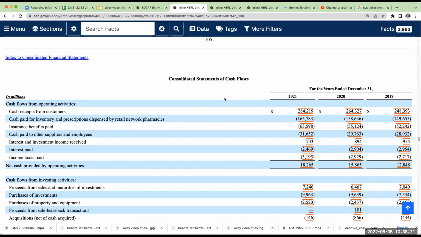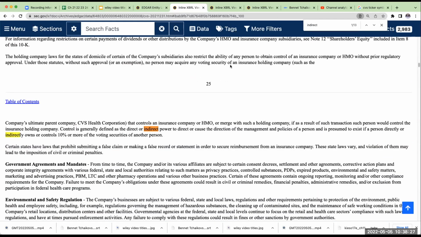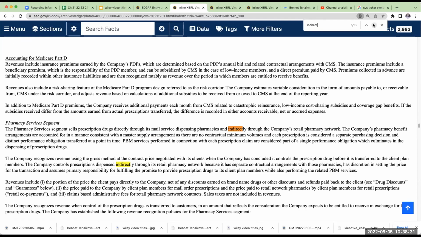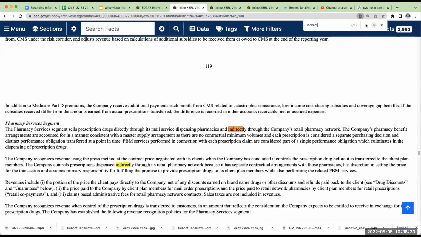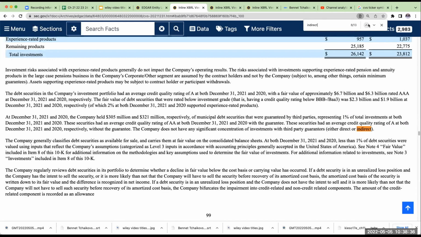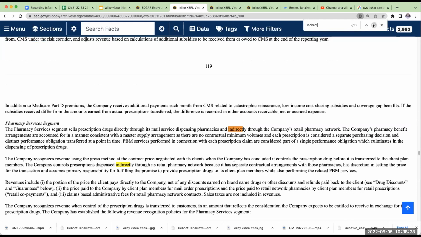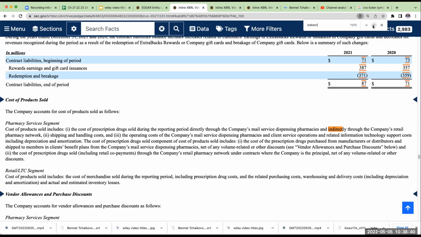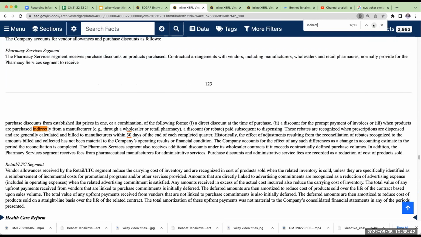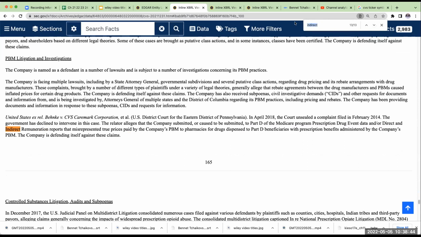Let's take a look to see if we can find the indirect method. Let's say cash flows.